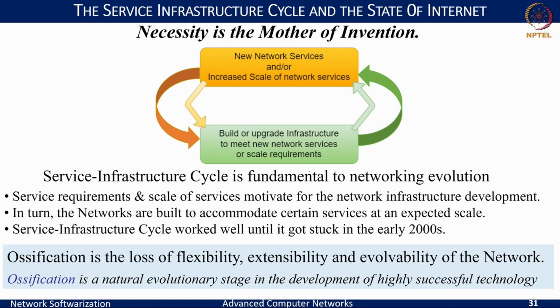It was argued by many that this ossification is a natural evolutionary stage in the development of any highly successful technology, and the internet just became a victim of it in the early 2000s. And a significant increase in the scale of network usage often stresses the network infrastructure in a way that requires us to rethink the current mechanisms, or requires a significant step increase in network resources to break over this internet impasse.